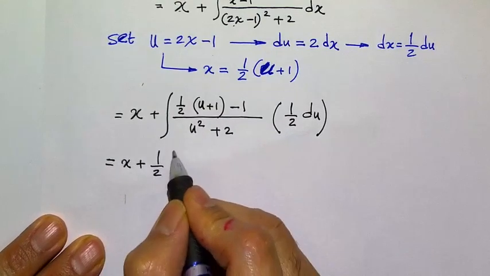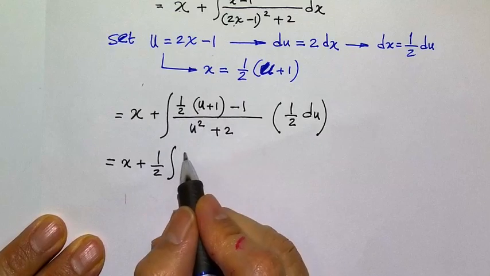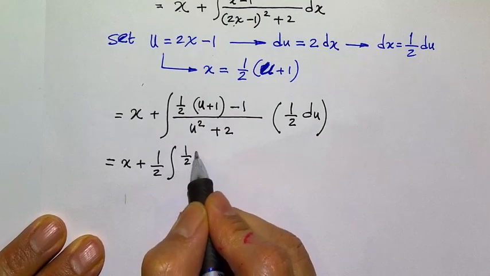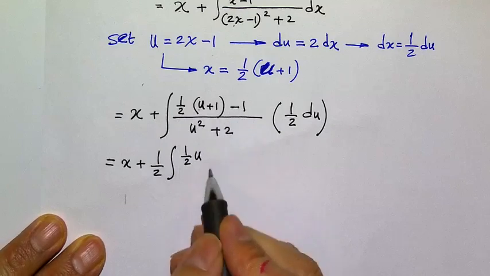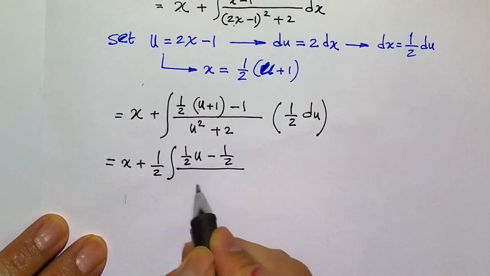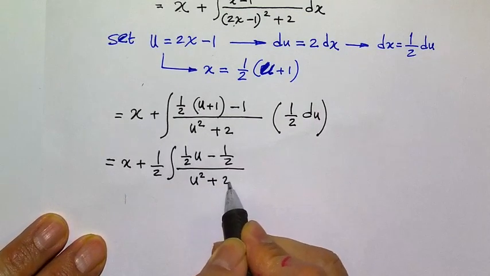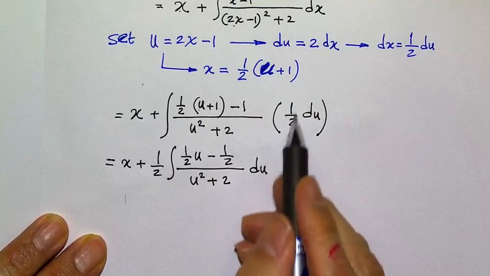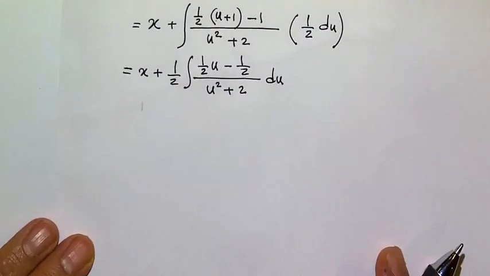So 1/2 integral of, distribute this, we get 1/2 u, and distribute and subtract from 1, we get minus 1/2 divided by u squared plus 2 du, because this 1/2 is now in front.